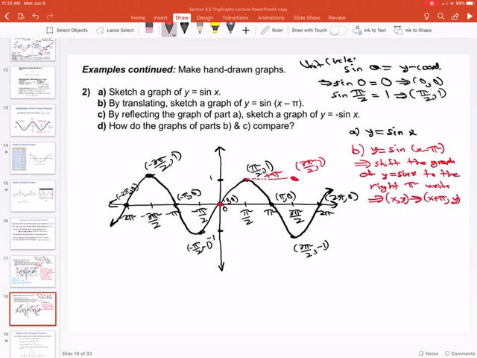Now 0, 0, we go to the right pi, we'll be at pi, 0. Let's take the point negative pi over 2, -1. If we add pi to that, we're going to be right here at the point pi over 2, -1. We know that negative pi over 2 plus pi gets us to pi over 2. So there's that point that we can use to plot.